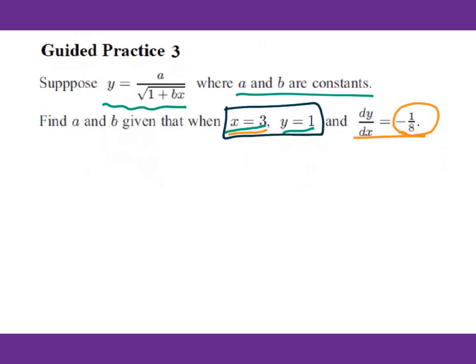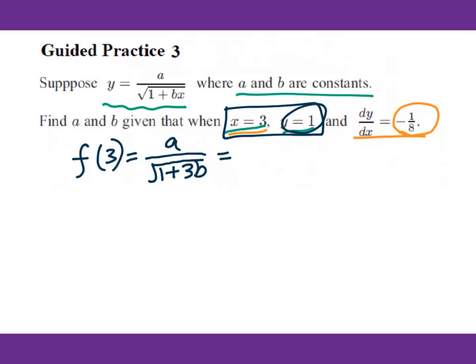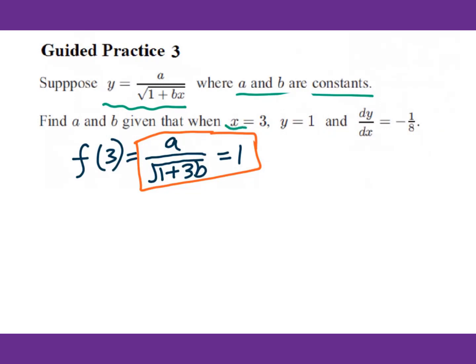According to this information, we can get f of 3. Plug in, we get a over square root of 1 plus 3b equals 1. So we get one equation according to this given information. Now we try to get another equation according to dy/dx equals negative 1 over 8 at x equals 3.